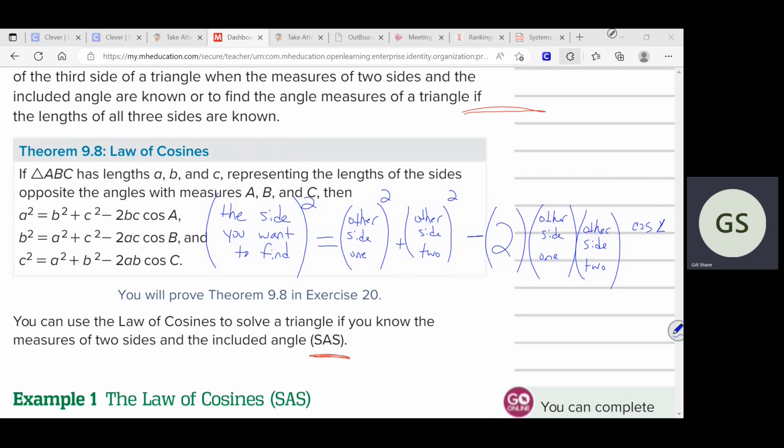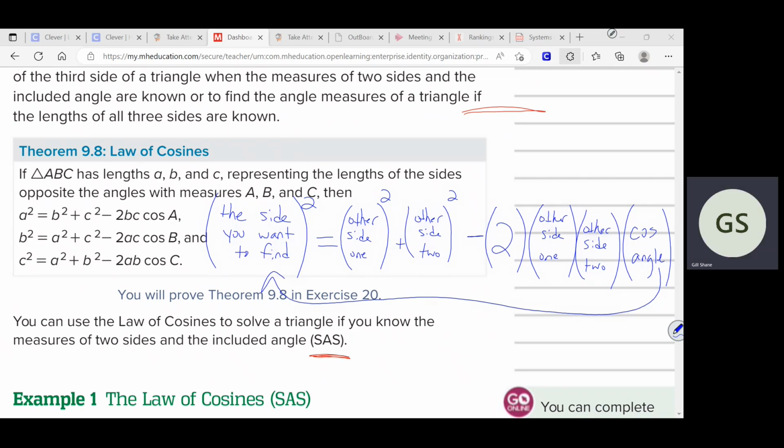So cosine of the angle, you're going to have to come up with your own wording for that. Here's how I'm going to do it. Again, you create your own version. I'm going to use this one when we solve out. And I'm going to just do this. The angle that matches.